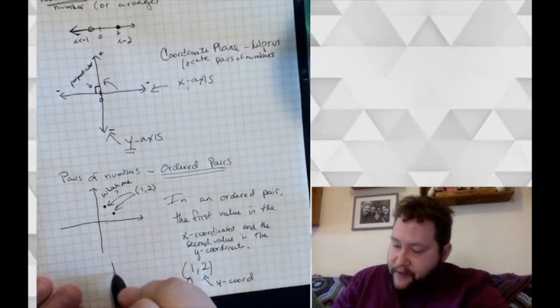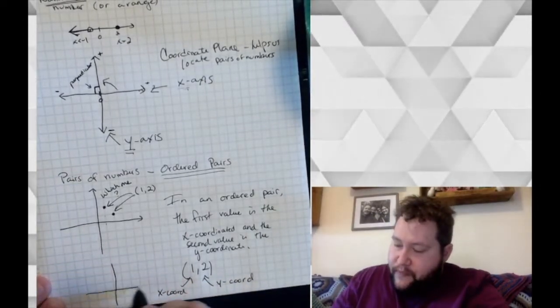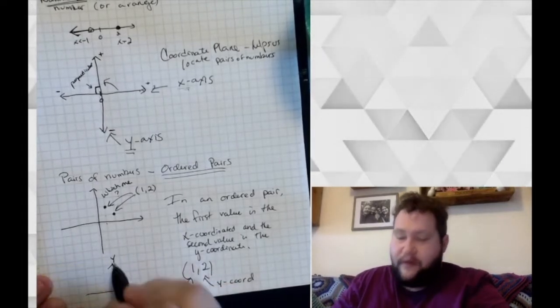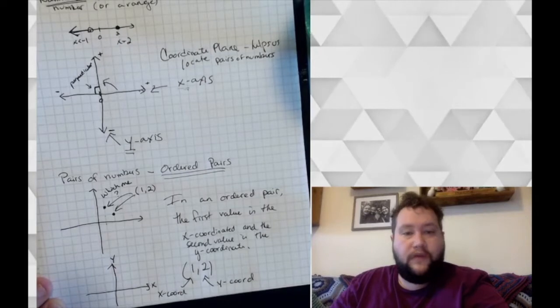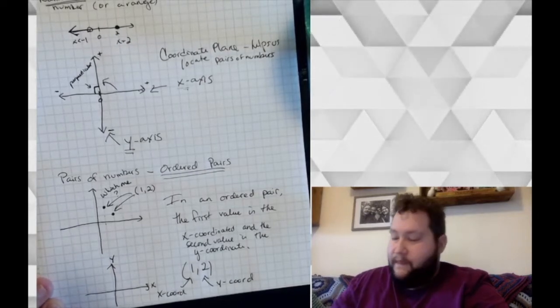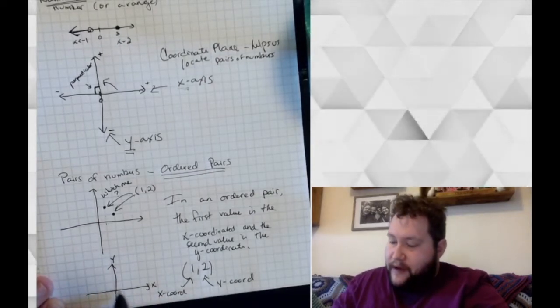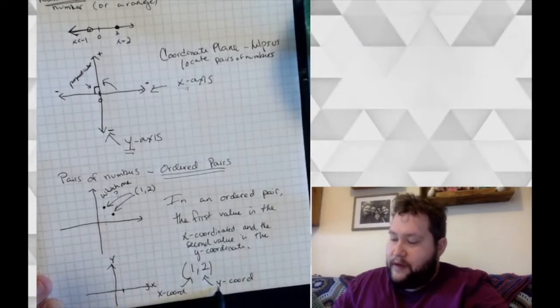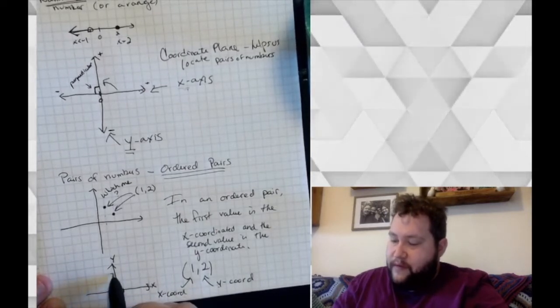Which means if I draw another set of axes, and if you want, you can write your x and y, just so I know which way it's oriented. Our x-coordinate is 1, so on our x number line we find the 1, and our y-coordinate is our vertical, so we have 1, 2.